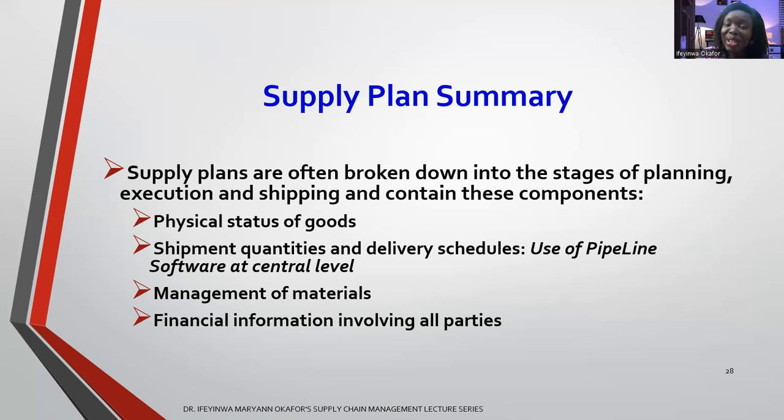All this takes into consideration the physical status of the goods, the shipment quantities, and delivery schedules. The use of pipeline software at central level comes into play here. Then the management of the materials and financial information involving all parties.